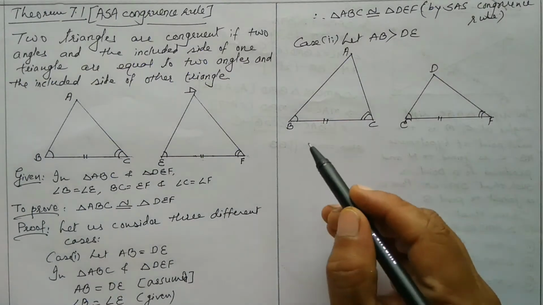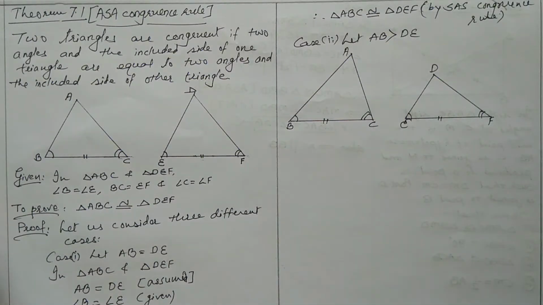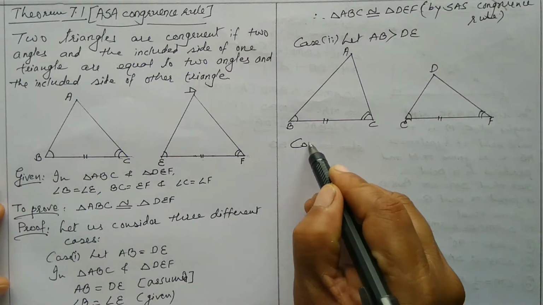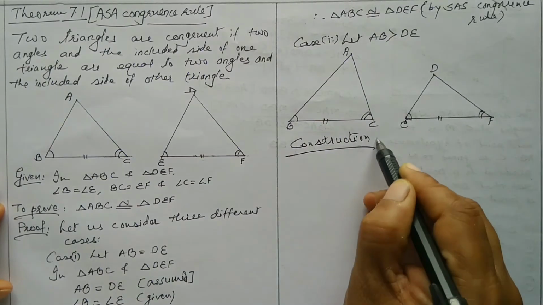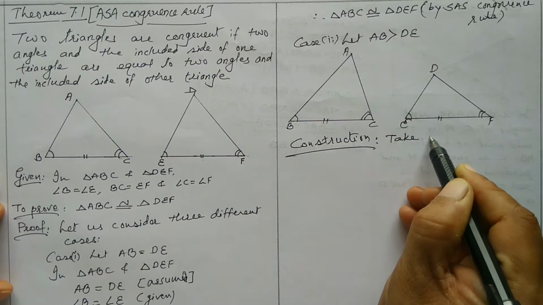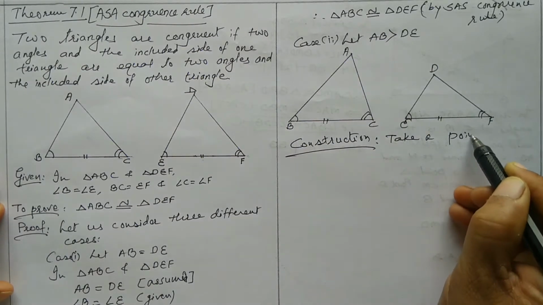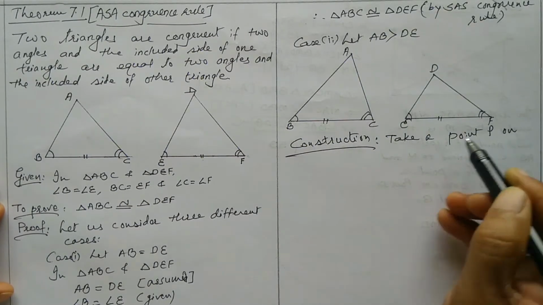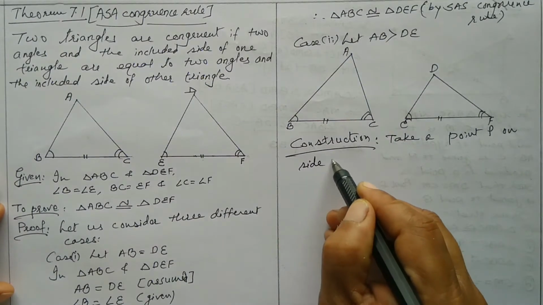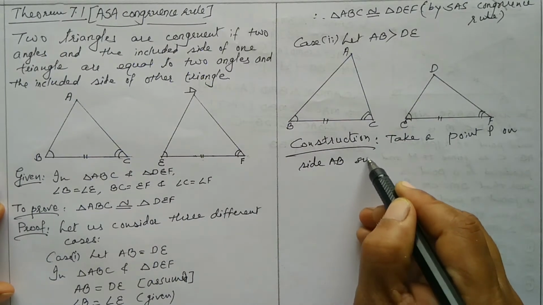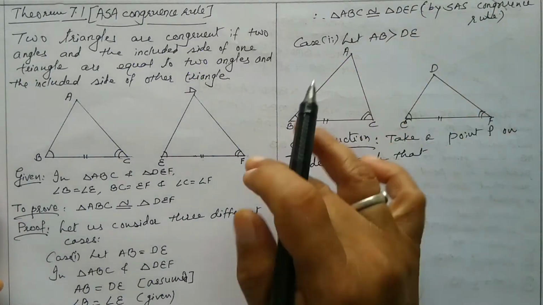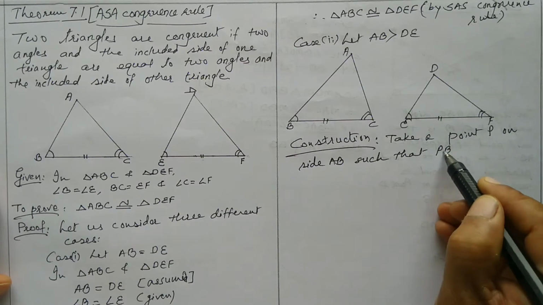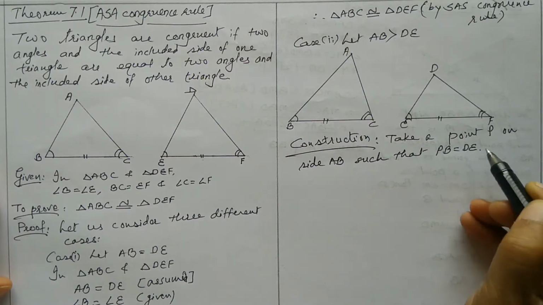Then what will we take? Construction. Take a point P on side AB such that PB is equal to DE.